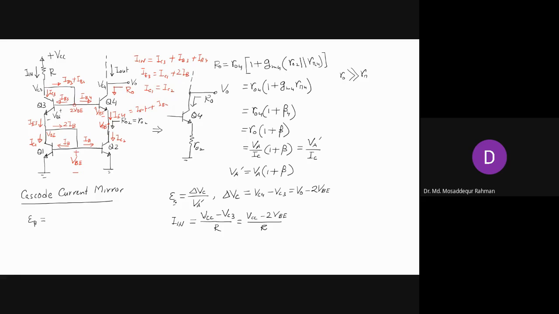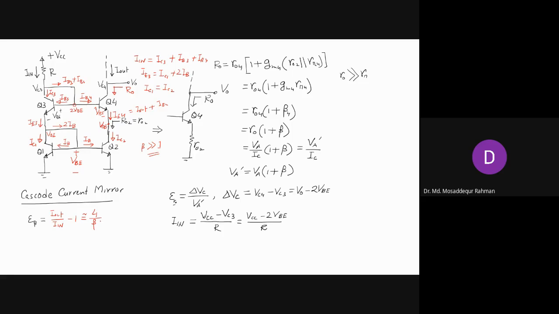So by solving all these equations and assuming that beta is much larger than 1, the error, which is expressed as I out by I in minus 1, will be approximately 4 by beta, which is twice the error that we got for the basic current mirror.